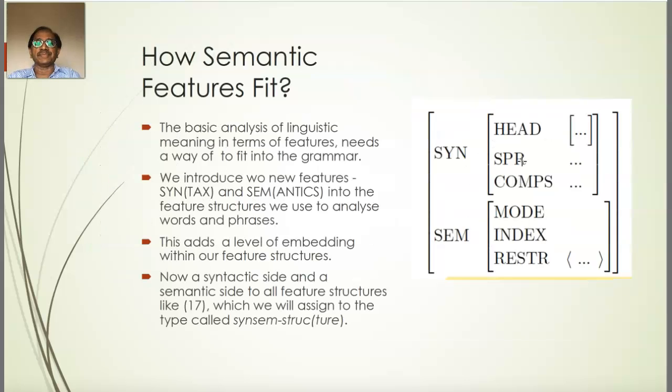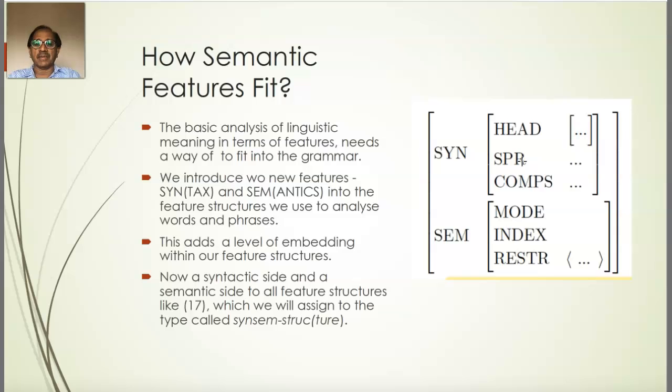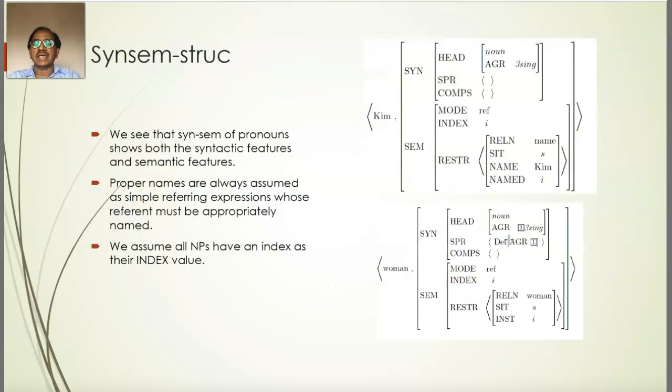What have we learned today? We have seen now how the semantic features fit in the grammar. To fit the semantic features into our grammar, we have added 2 features, syn and sem. Syn takes care of syntax, sem takes care of semantics. Right? And then we have taken a look at a common noun and a proper noun with both syntax and semantic features.